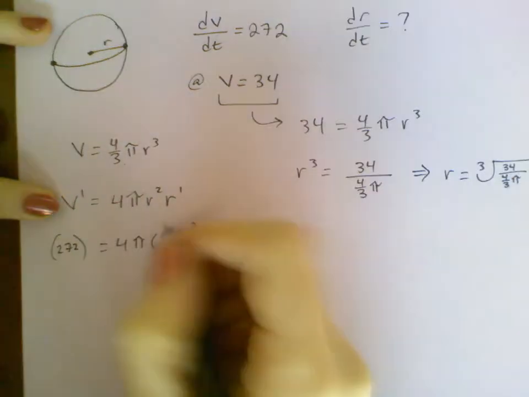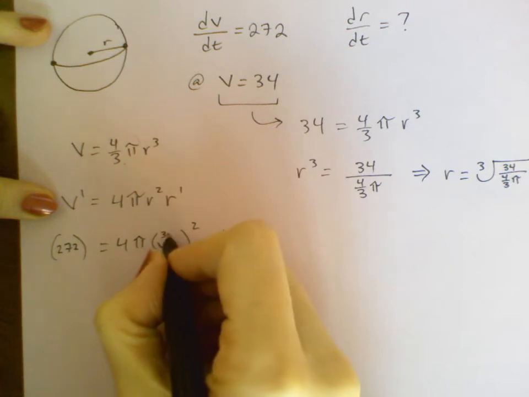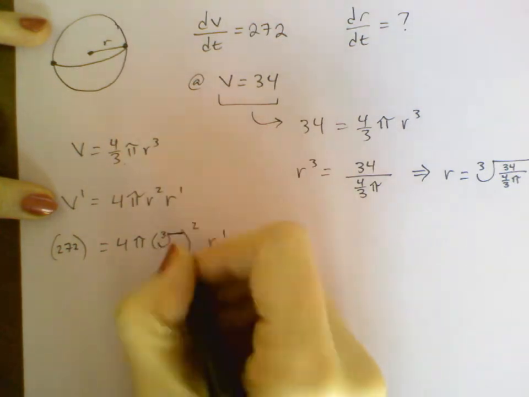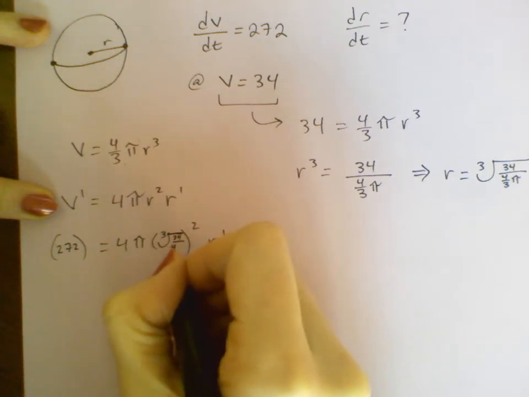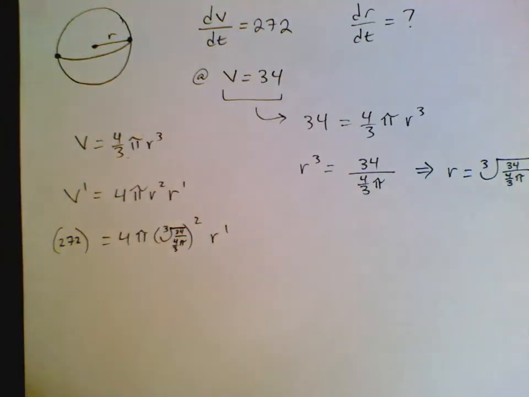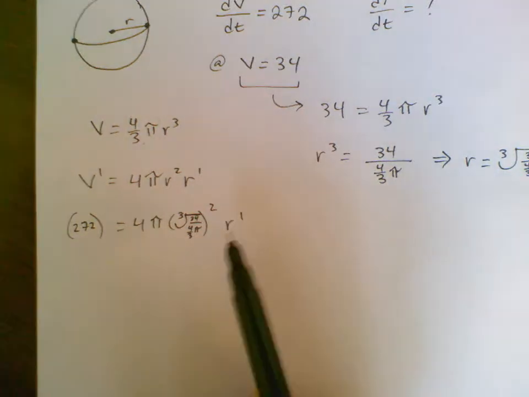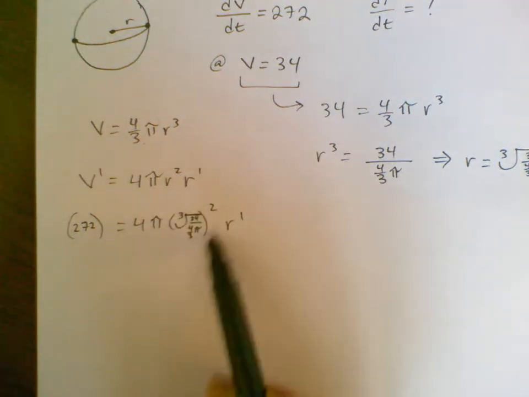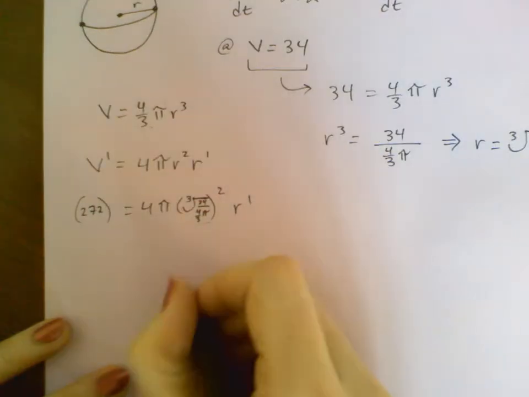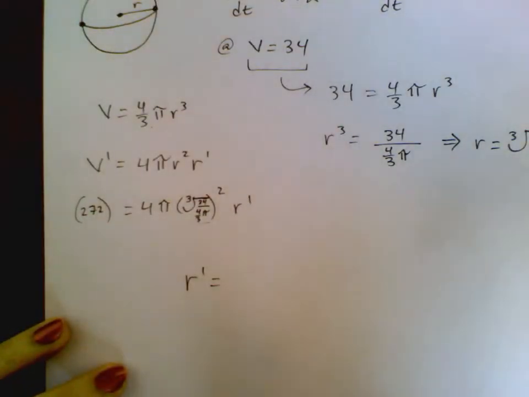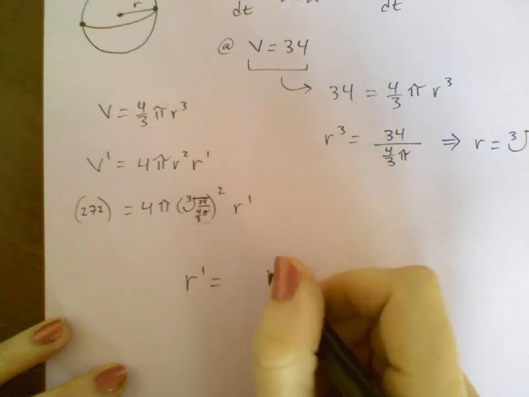What's going in for r is what we found here. So that'll be the cubed root of 34 over 4/3 pi. Okay, and then you'll just divide both sides by that. And you could use your calculator, guys, as you go along. I don't have one in front of me, that's why I'm not using it.